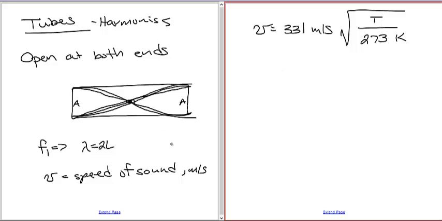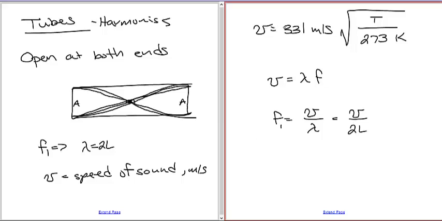Okay, so putting these together, wave speed equals wavelength times frequency, or frequency equals v divided by wavelength. But we just said the wavelength is 2L, so you just get v over 2L. It's exactly the same as for the wave on a string, except the speed here is not the square root of F over mu.